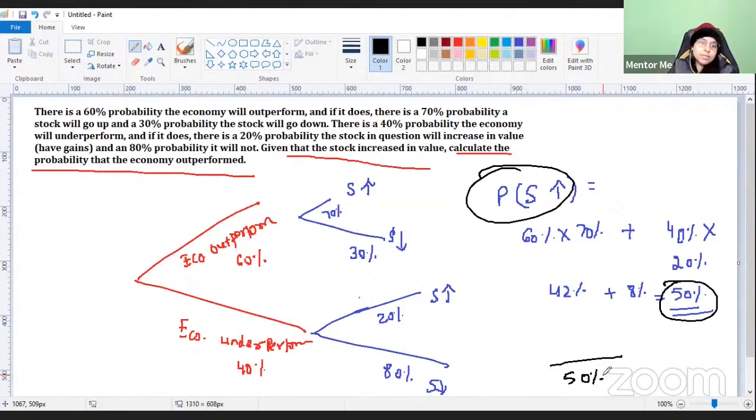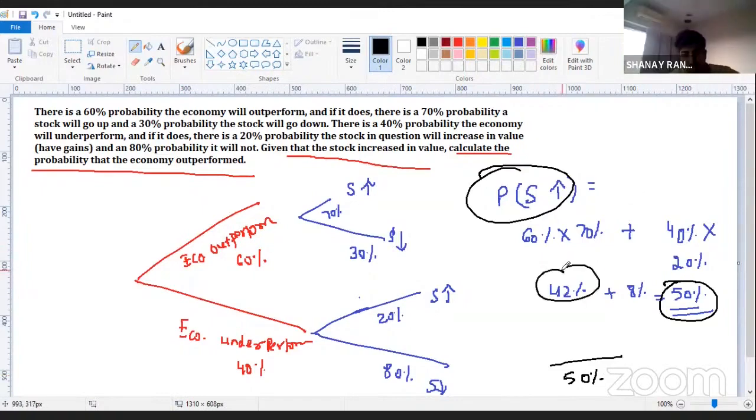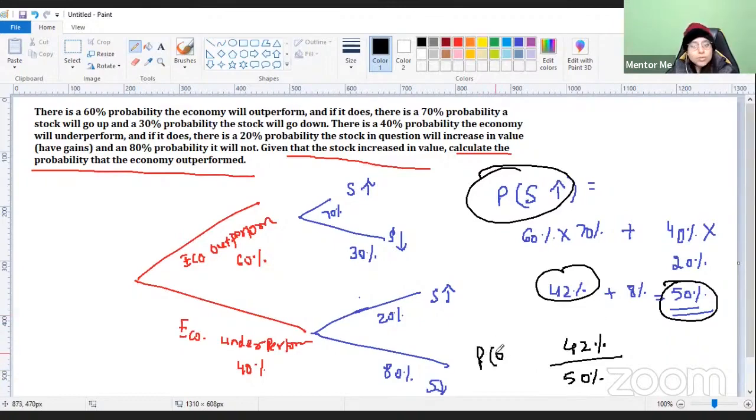Out of this 50%, what is that proportion which belongs to because of outperformance of the economy? That is 42%. So out of this 50%, we want to know what is the probability of outperformance of the economy given that the stock prices have risen. That would be equivalent to 42% divided by 50%.